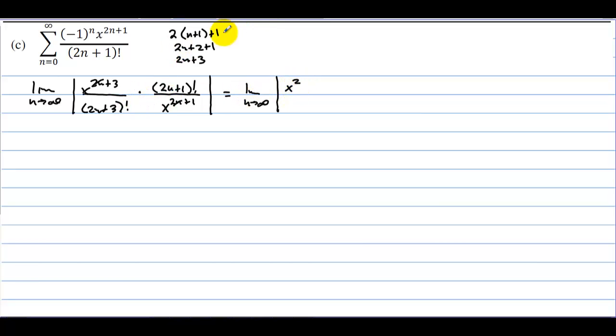Let's look at the factorials. This can be written as 2n plus 1 factorial times 2n plus 2 times 2n plus 3. So the 2n plus 1 factorials will cancel out, and we're going to be left with 2n plus 2, 2n plus 3 in the denominator. I think that takes care of pretty much everything.